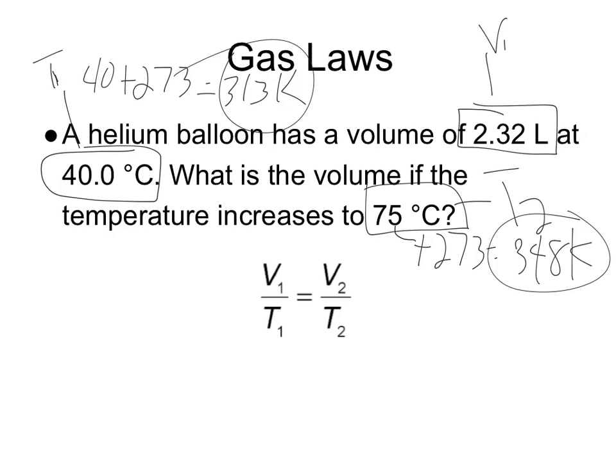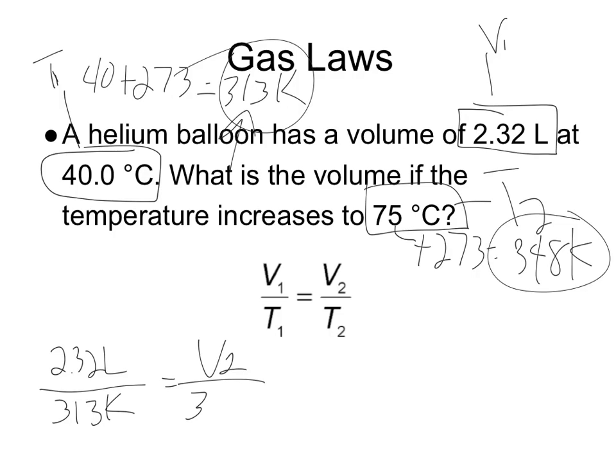So we plug these in. Our first volume was 2.32 liters, divided by our first temperature in Kelvin, 313. That equals our second volume, which we're looking for, divided by our second temperature, which was 348 Kelvin. So if we rearrange the equation to solve for V2, you could either divide and then cross-multiply, or cross-multiply and then divide. It's up to you.